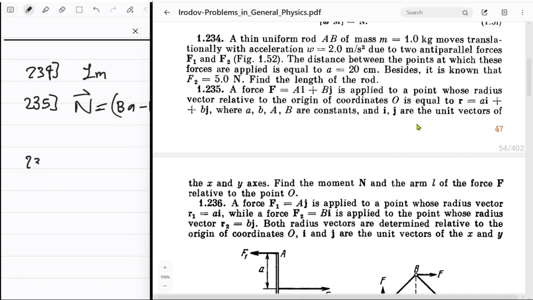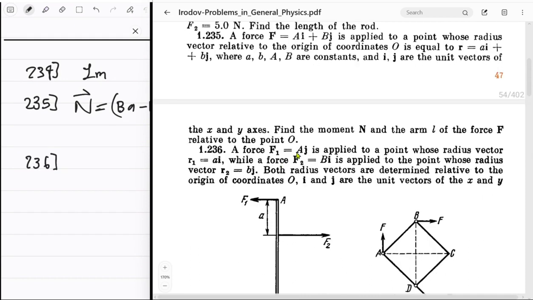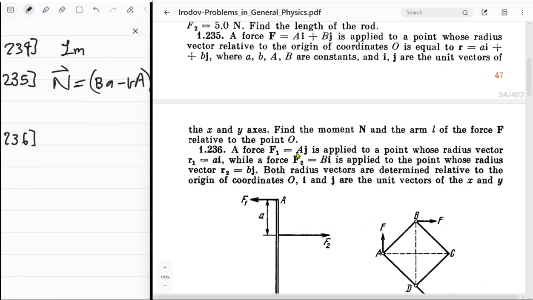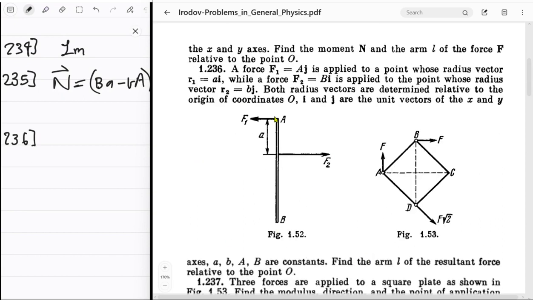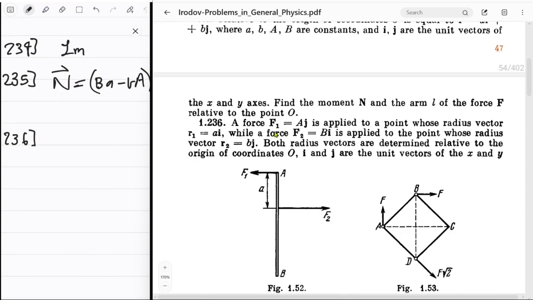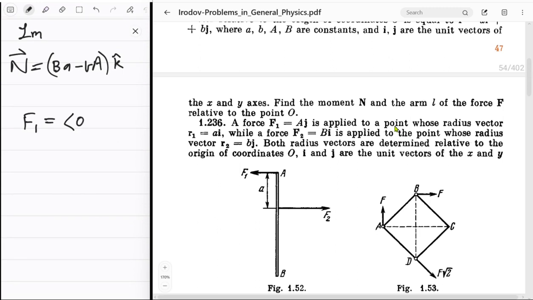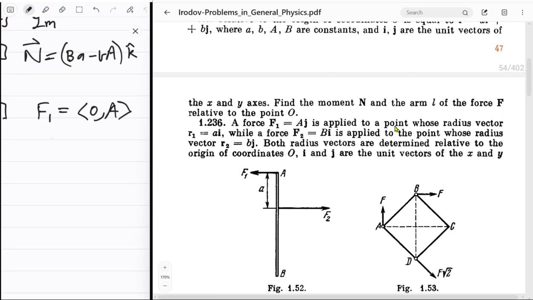Okay, 236. A force F1 is equal to Aj is applied. Is a figure given to us? No. So F1 is equal to 0 comma A, applied to a point whose radius vector R1 is Ai, so it's A comma 0.